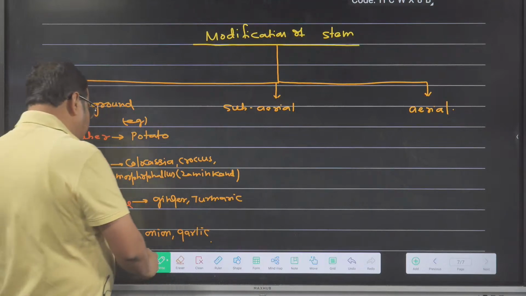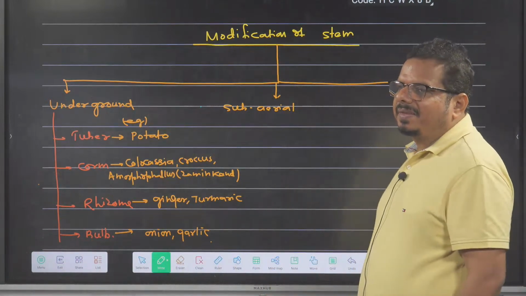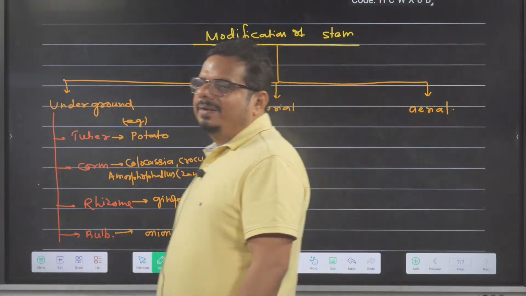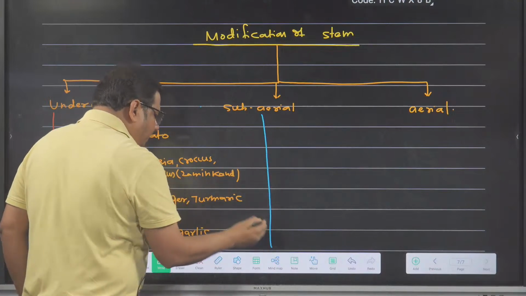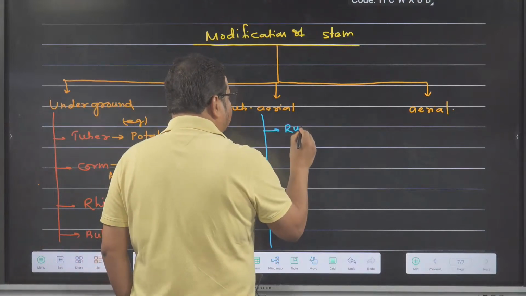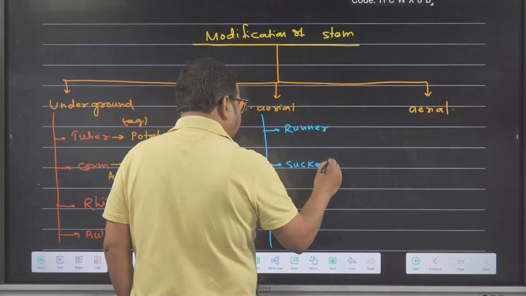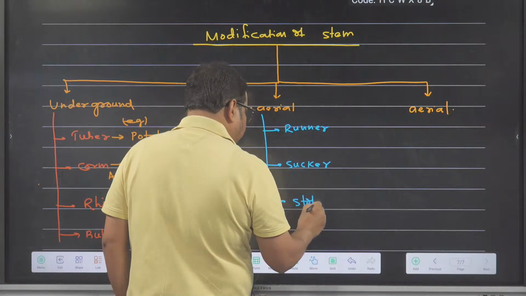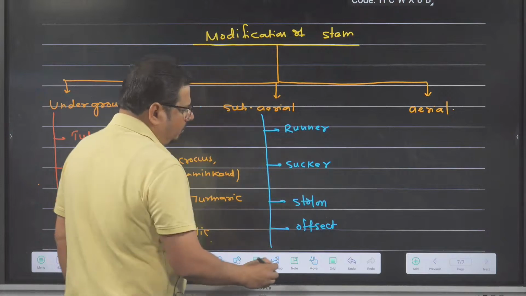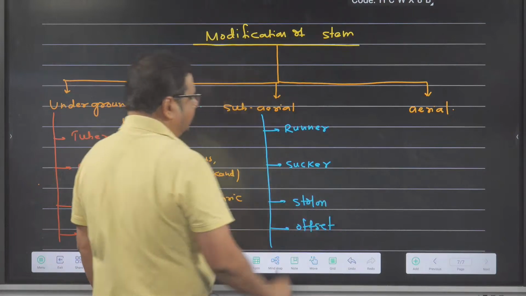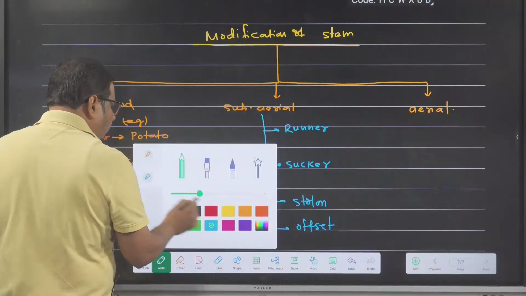Now we are going to talk about sub-aerial modification. The name is not given in NCERT, but the description is given. Name and description both are given in the laboratory manual. In sub-aerial modification, there are four types here also: runner, sucker, stolon, and offset. These names are mentioned in the lab manual practical book. First our agenda is examples, then I will explain each one by one.